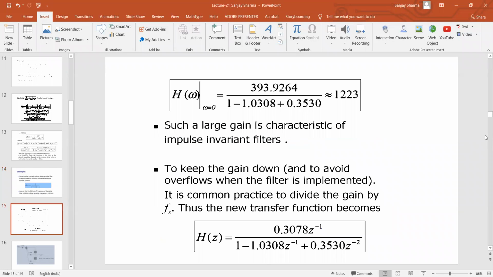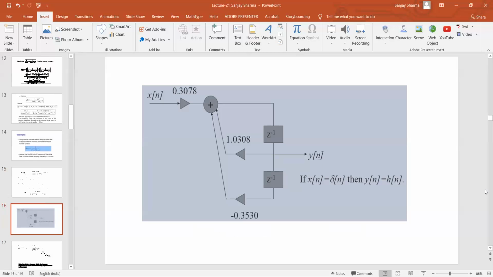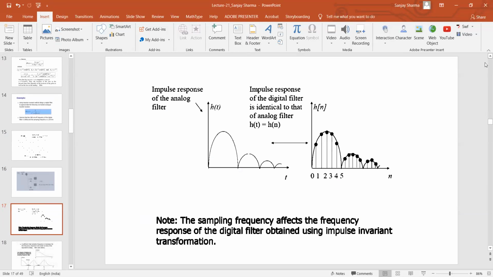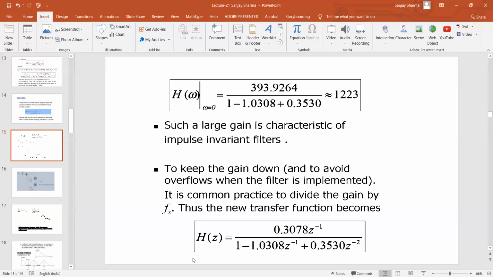Now, what is H of omega? If you take the H(z) from here, you will be able to get H(z) from here. Actually, the solution is not complete. Some solution is missing. So this is my H(z). How will you get this H(z)?